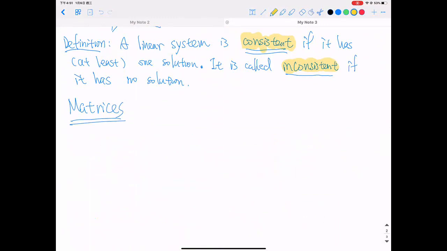This is not something crazy. Essentially, it's an array of numbers, well, for us, usually numbers.